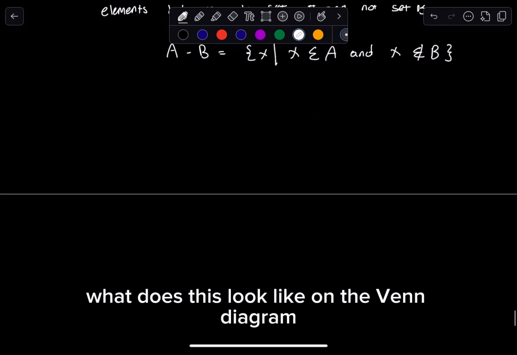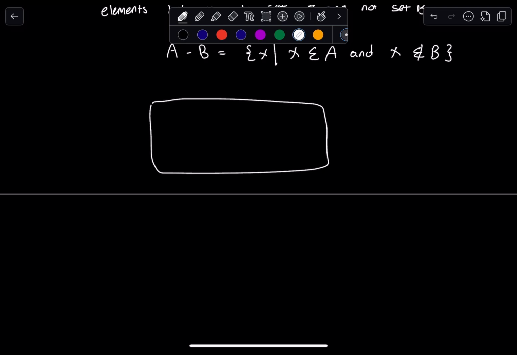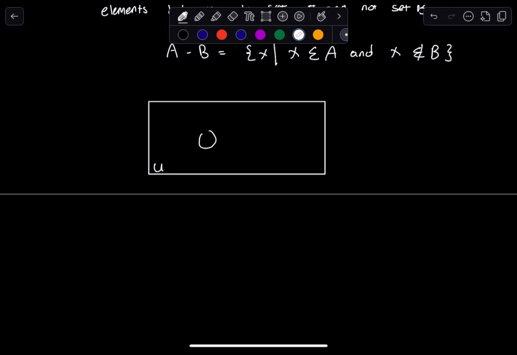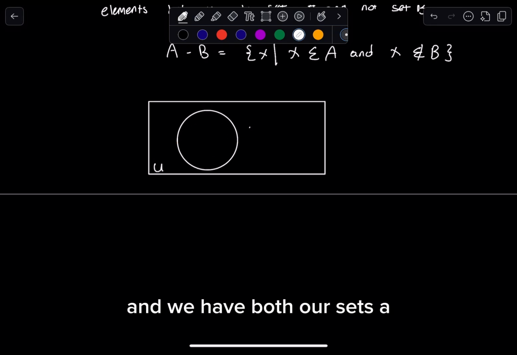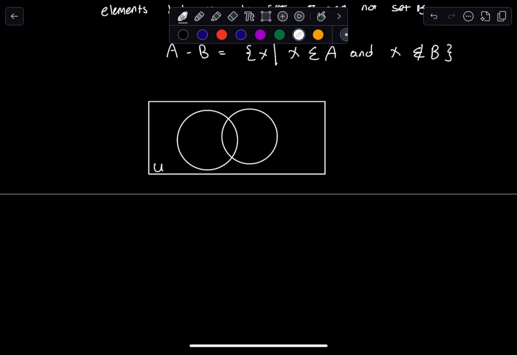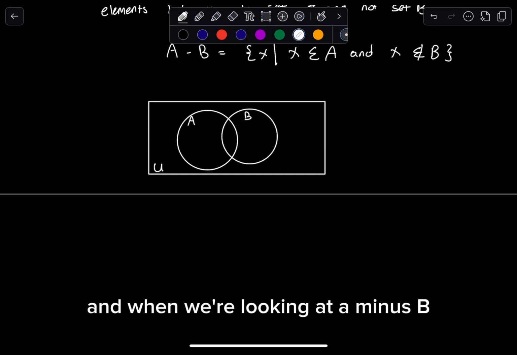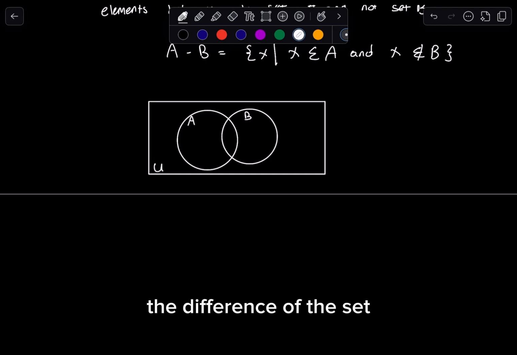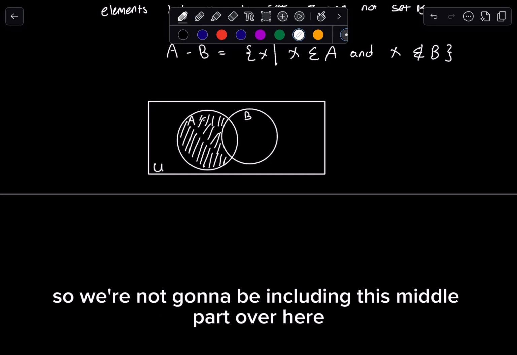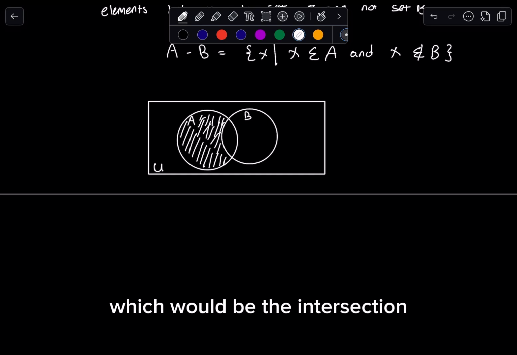What does this look like on the Venn diagram? So we have our universal set, and we have both our sets A and B. And when we're looking at A minus B, the difference of the set, it's going to be everything in A minus the elements of B. So we're not going to be including this middle part over here, which would be the intersection.